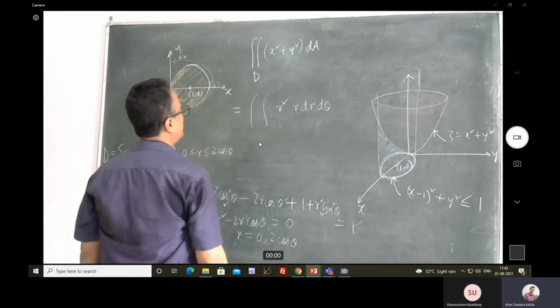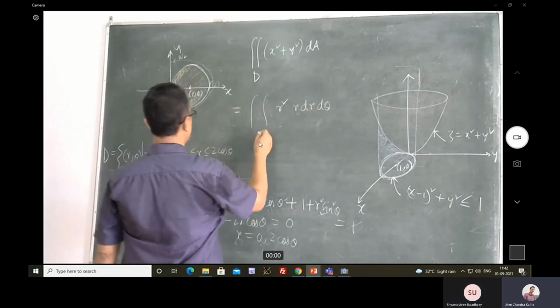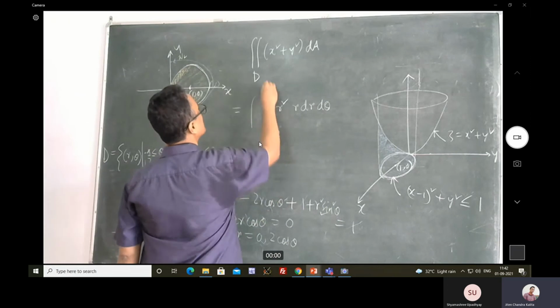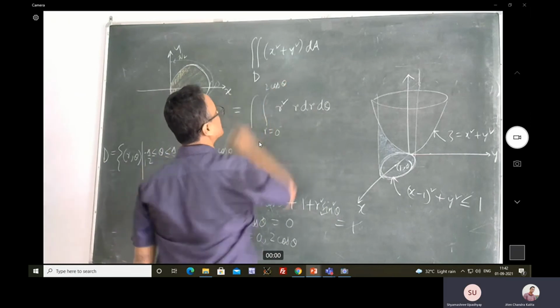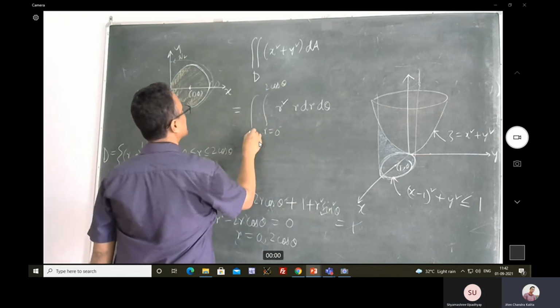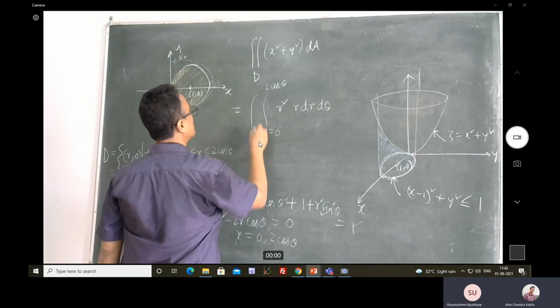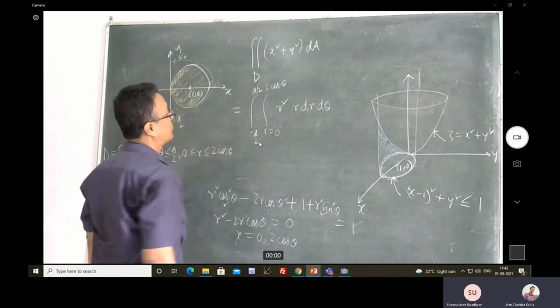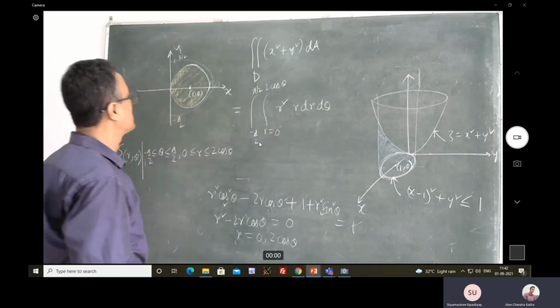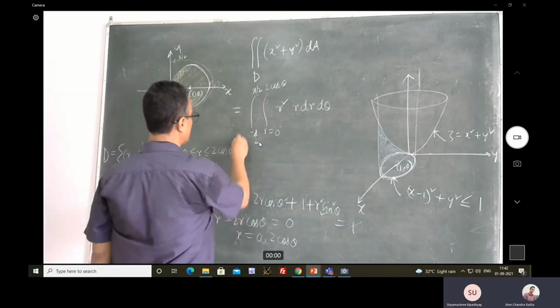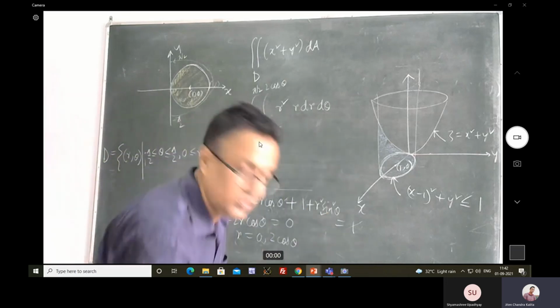Then r goes from 0 to 2 cos theta, and theta goes from minus pi by 2 to pi by 2.